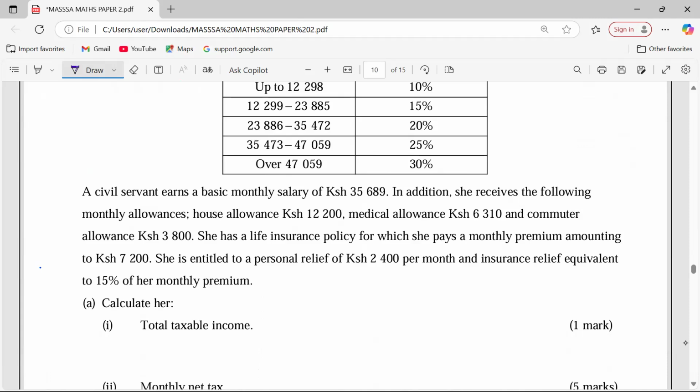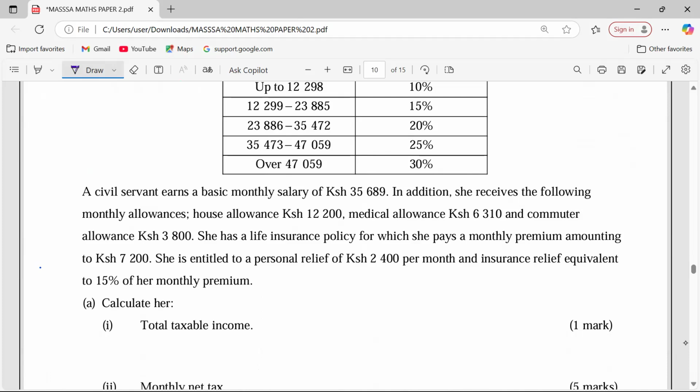In addition, she receives the following monthly allowances: house allowance, 12,200 Kenya shillings; medical allowance, 6,310 Kenya shillings; and commuter allowance, 3,800 Kenya shillings.